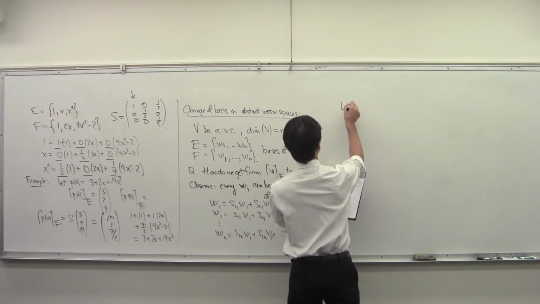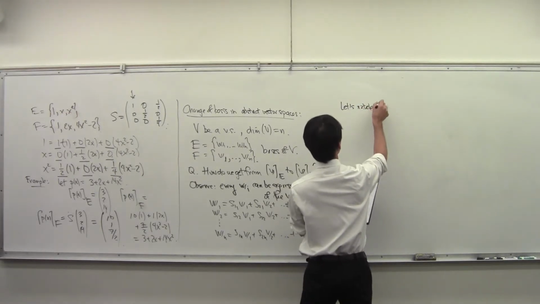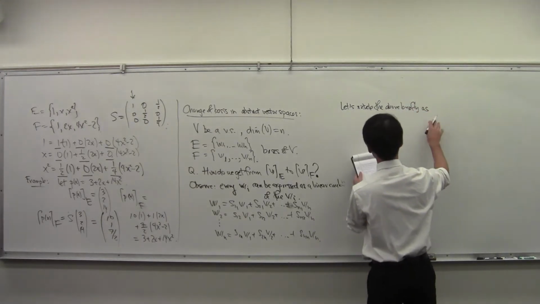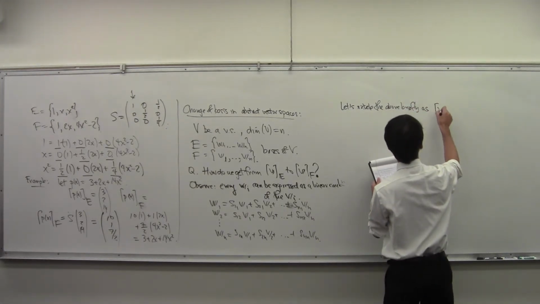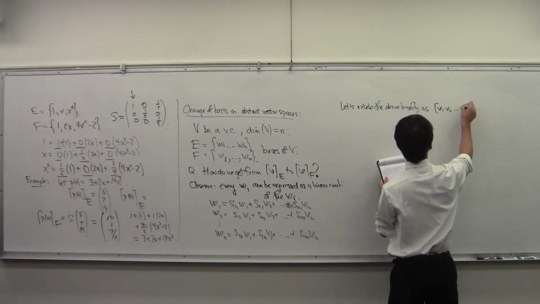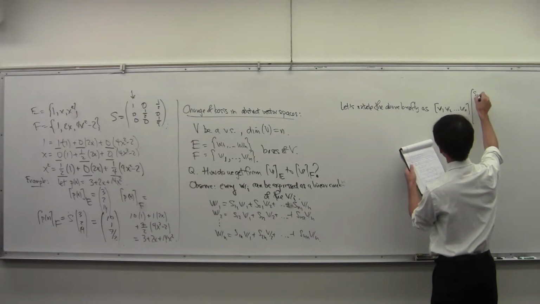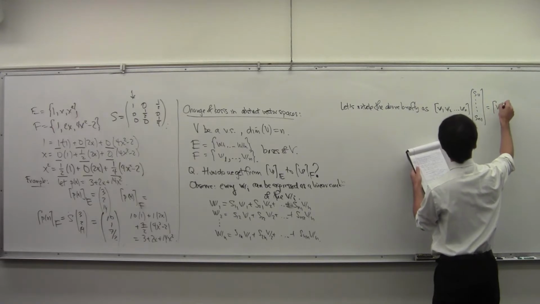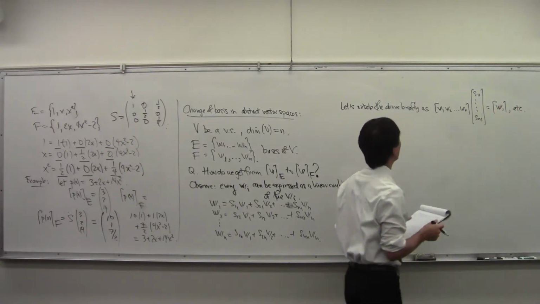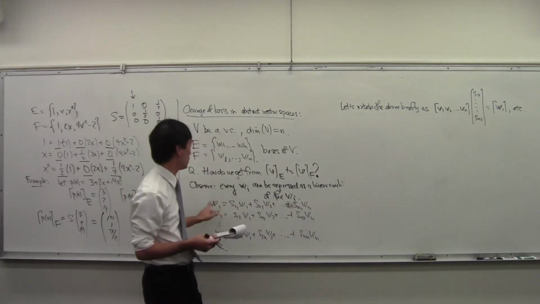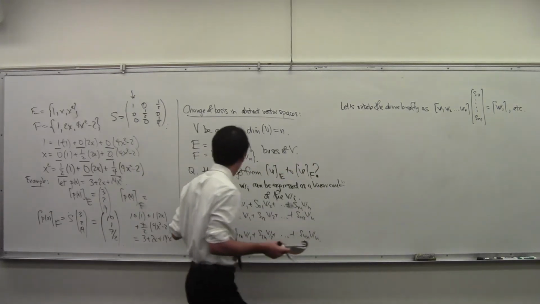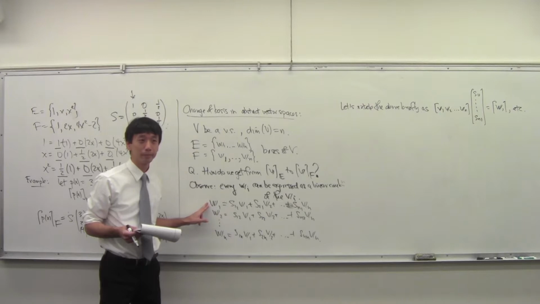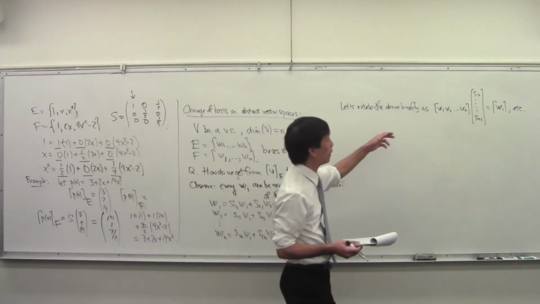So let's notate the above briefly like this: V1, V2 through Vn times S11 dot dot dot Sn1 equals W1, etc. What I just wrote is an abbreviation of the first line, and we're going to do that for every line.